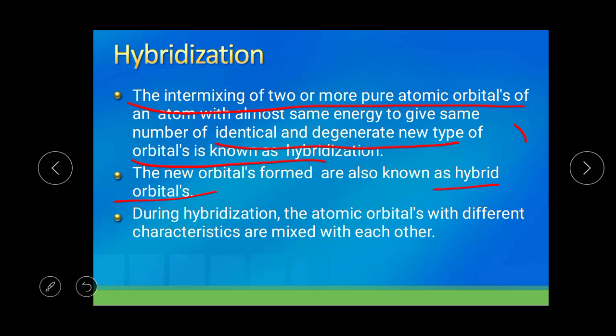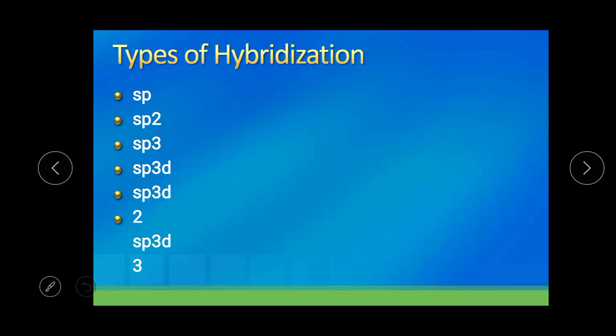During hybridization, atomic orbitals of different characters, for example s and p, or s, p and d, can combine, but they should have similar energy. Based on that, there are mainly 6 types of hybridization: sp, sp2, sp3, sp3d, sp3d2 and sp3d3.